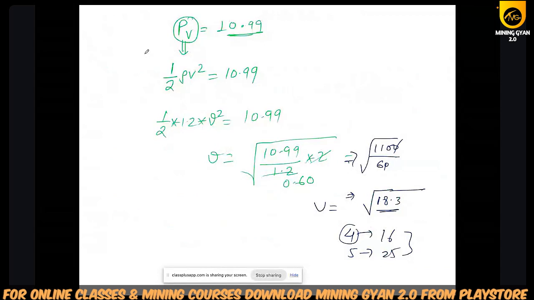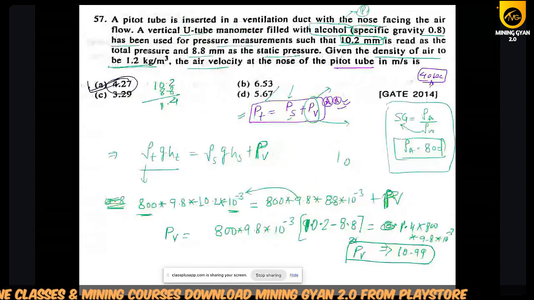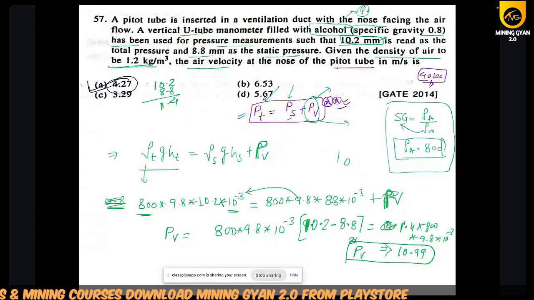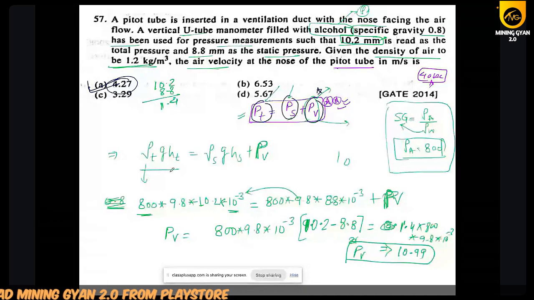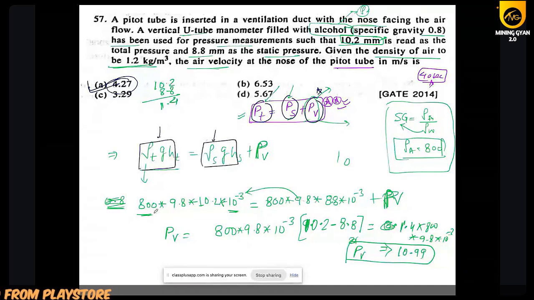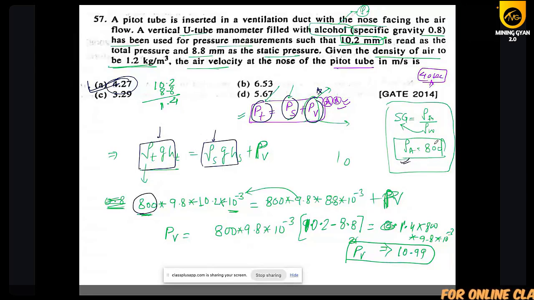इस क्वेश्चन में कुछ नहीं करा कि total pressure इक्वल टू होना चाहिए static pressure और velocity pressure. Then you use rho gh, as we know what the pressure value is. So rho, that means density of the alcohol, you can find out with the specific gravity of alcohol. If you multiply with 1000, it will become 800.